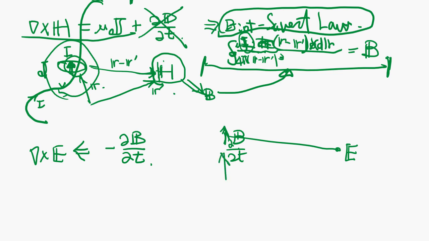Again, the location of this change is R, and R prime is a point of interest. How much electrical field is generated by this magnetic field change. This is R minus R', right?